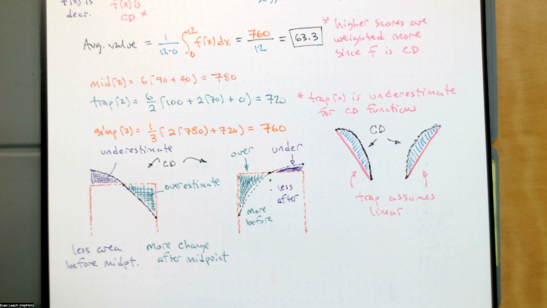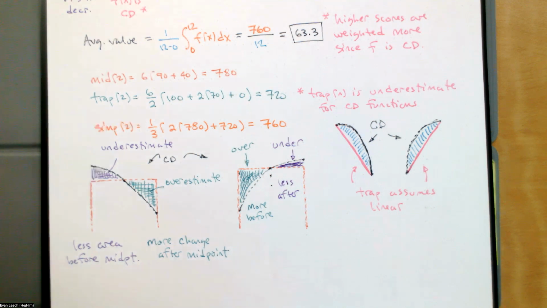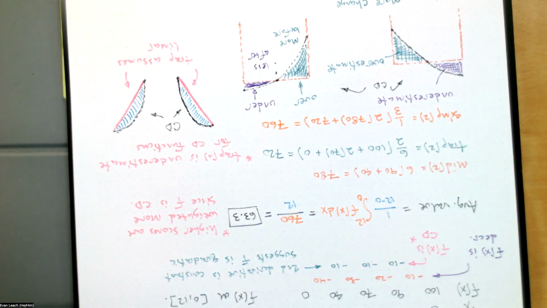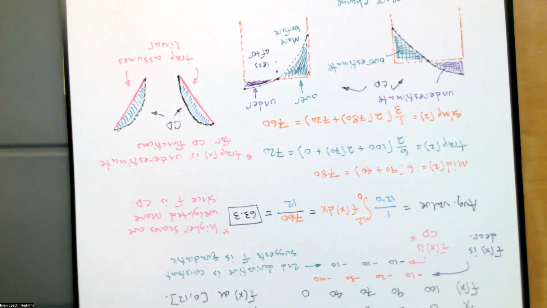Now, we should be complete about this and show that it reverses for a concave up function. There. See, if it's concave up, it's just the opposite. Multiply by -1.